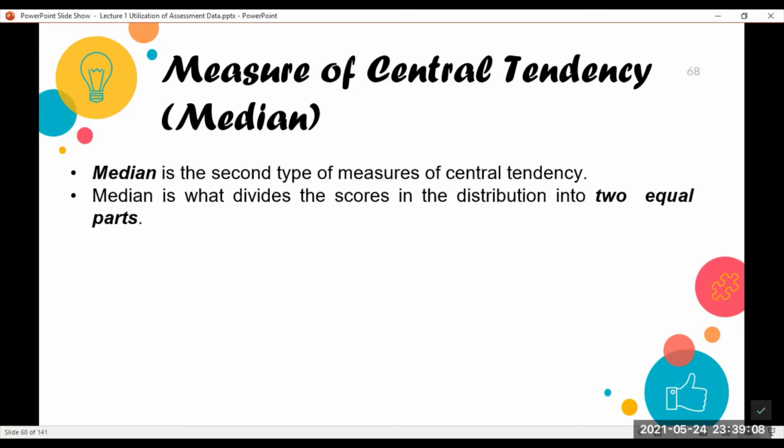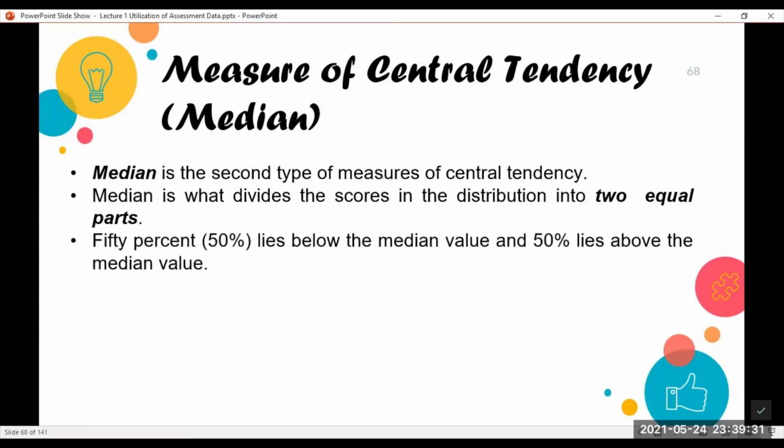We will be counting scores in the distribution and then two equal parts siya. If you're going to look at the term median, you're actually thinking of middle, no? Median. So that is why I am emphasizing here the two equal parts, and you will understand more, or you can actually imagine that later. Anong ibig sabihin ng two equal parts?